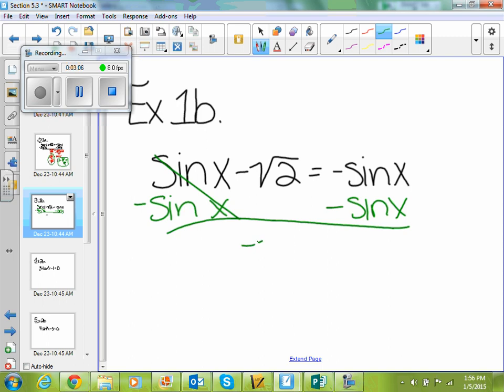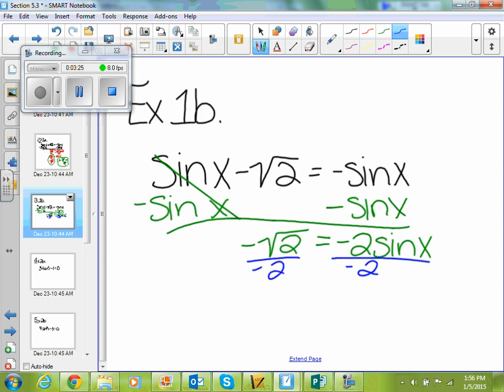By doing that, I get negative square root of 2 equals negative 2 sine of x. I still want to get my sine of x by itself, so I divide by negative 2. Then my negatives cancel, and I end up with square root of 2 over 2 is equal to sine of x.